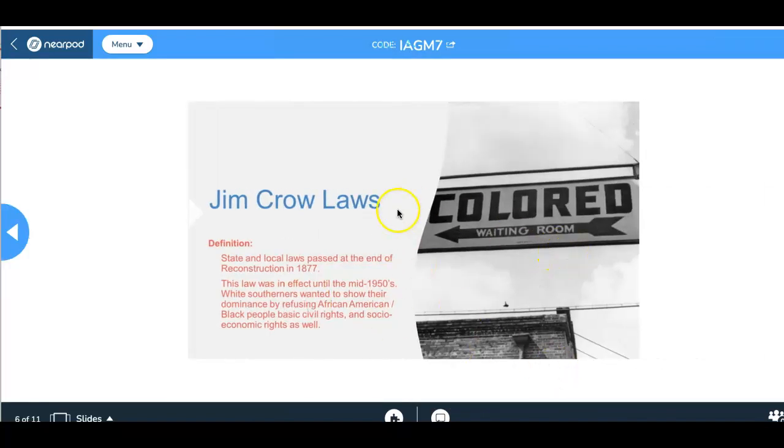So right here I added a slide just informing the students the definition of the Jim Crow laws. So I have the definition right here, and of course I'm going to be explaining more in depth in the classroom to the students, and I will ask them questions, having them engaged in the lesson as well.